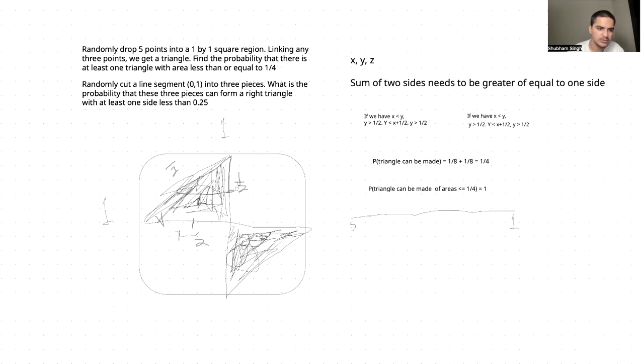So yeah, this is a triangle with side less than 1 by 4, and then this would be a triangle with side less than 1 by 4, again a right triangle.